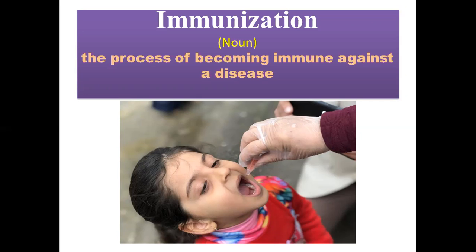For example, eating good and exercising. So all these can be called a part of immunization. But mainly it means to give vaccinations or medicines that build up or boost your immune system.